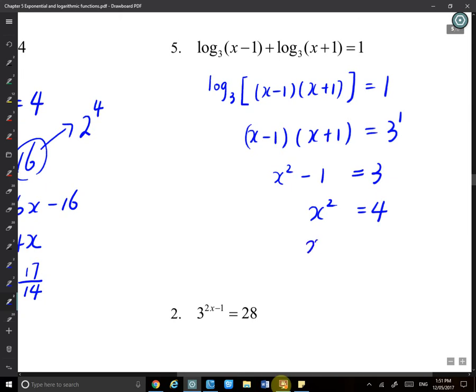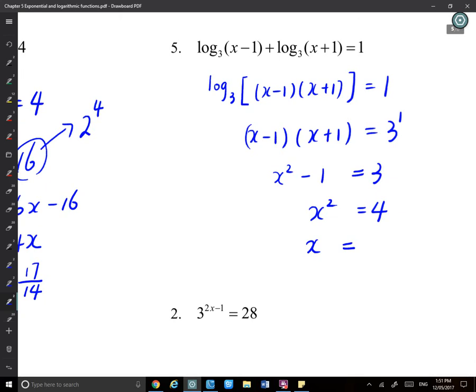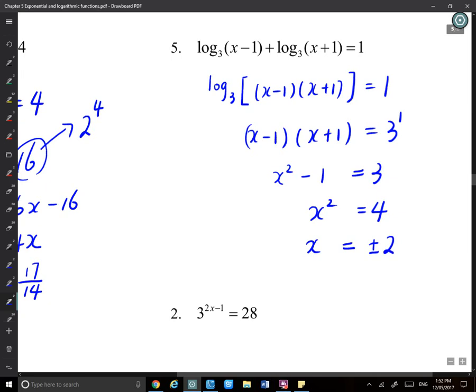What does x equal to? Plus minus 2. You need to write plus minus 2 here.